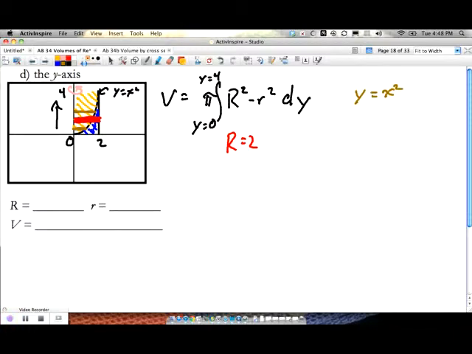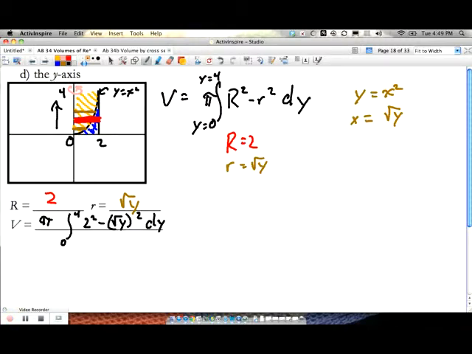I know that y equals x squared, so if I change that into terms of y, it's x equals square root of y. So little r is just square root of y, and big R is 2. If we put all this together, we get pi times the integral from 0 to 4 of 2 squared minus square root of y squared, dy.